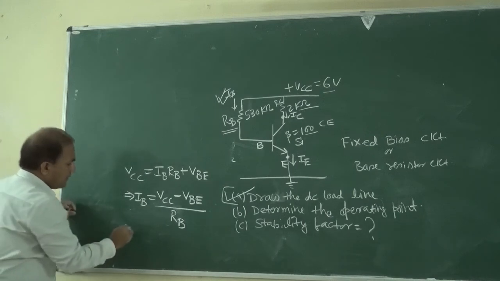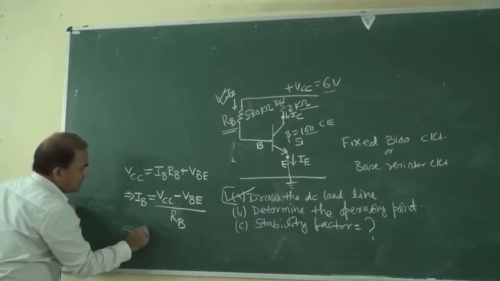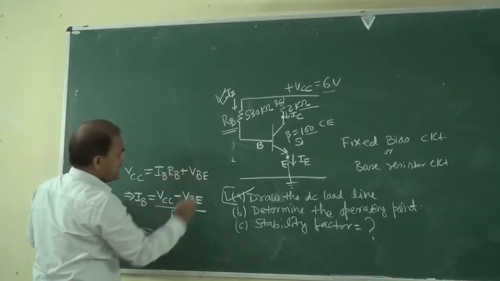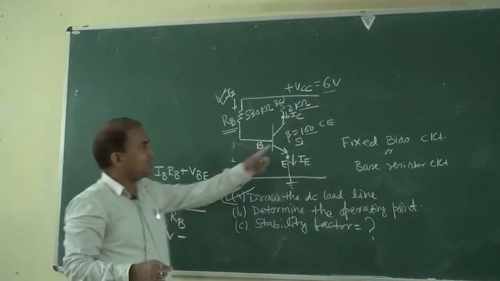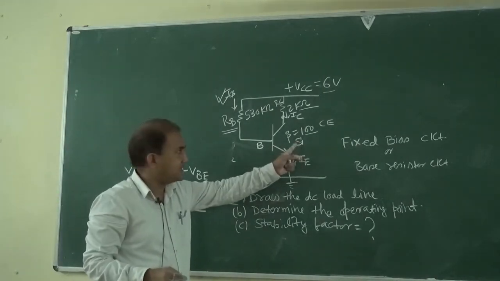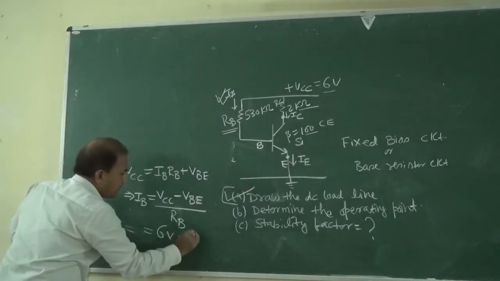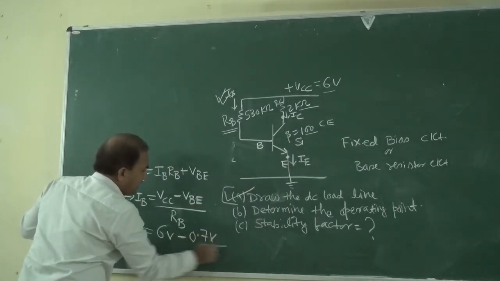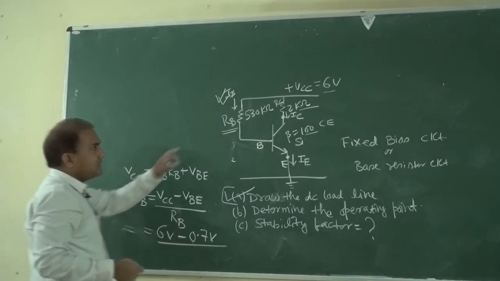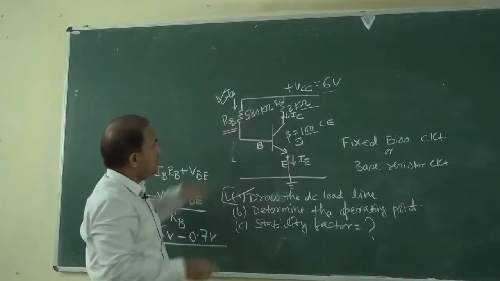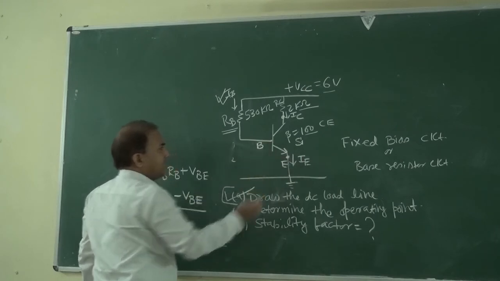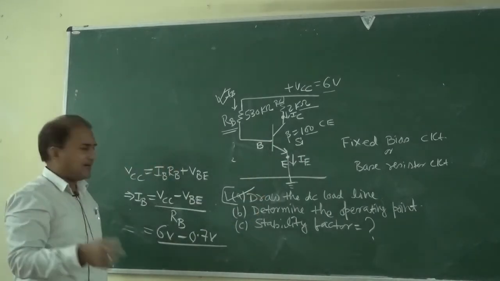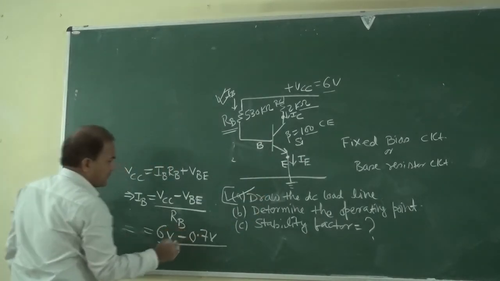Now IB is equal to how much? VCC is 6 volt, VBE, since the transistor is made of silicon, is 0.7 volt. The base emitter junction is forward biased, that is why it is 0.7 volt.